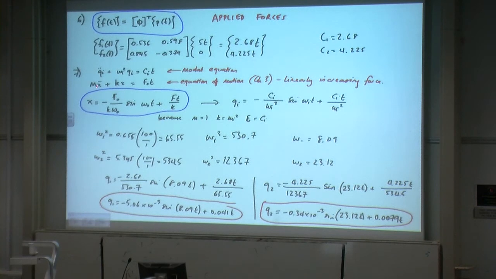And so if you match up the coefficients here to this equation, you get this equation for Qi, okay? And it's just a matter of plugging in the numbers, because m equals 1, k must equal omega i squared, and f0 must equal ci. We've got c1 and c2 here. We know m is 1, okay? This m doesn't actually feature in this equation. And omega i squared is k. So omega i squared, well, we've got those values. We found that. This is from earlier on in the question.